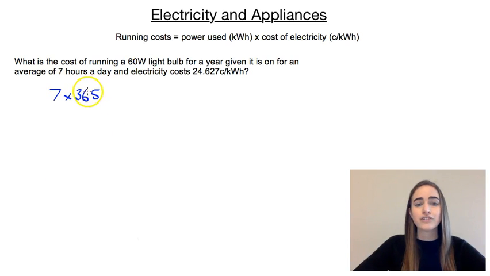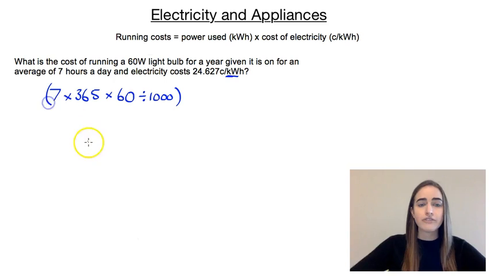Now each one of those hours uses 60 watts. So we're going to multiply that by 60, to see how many watts of electricity we use over the whole year. But our electricity is charged in cents per kilowatt hour, not watt hour. So that means we need to now convert this from watts to kilowatts. So to do that, we divide by 1,000.